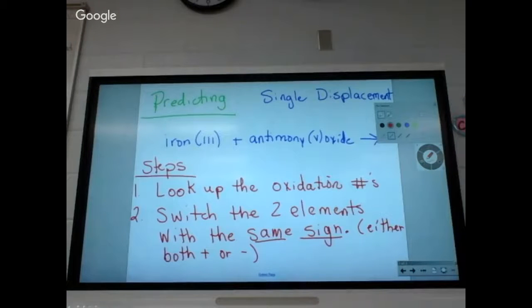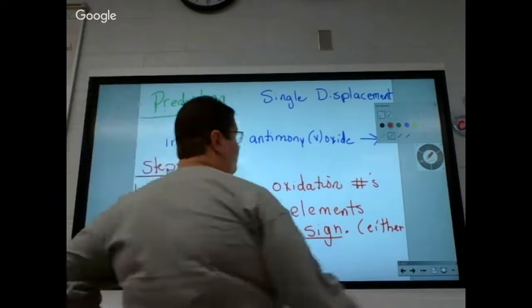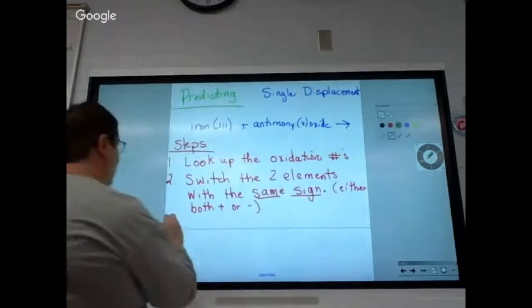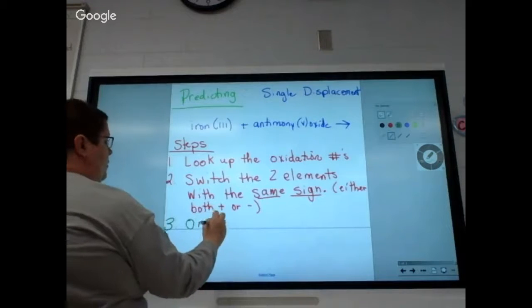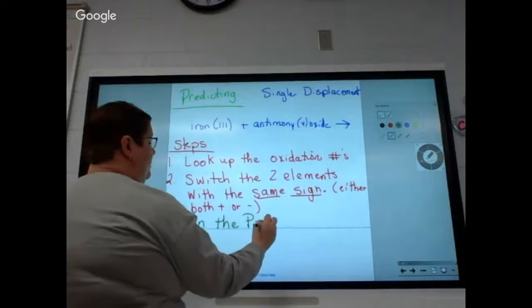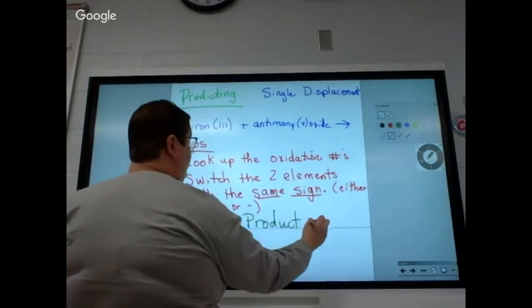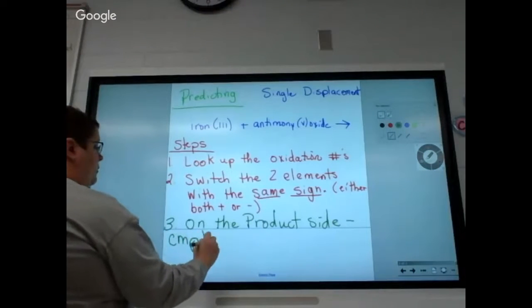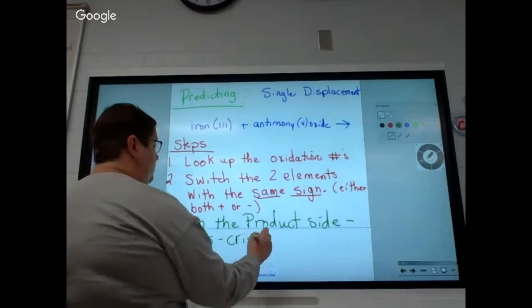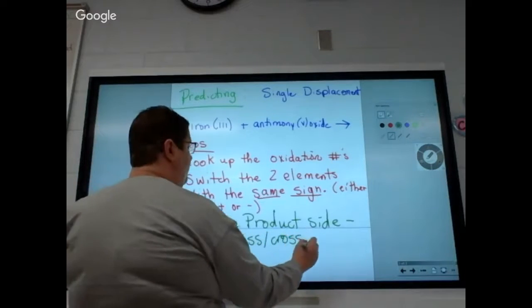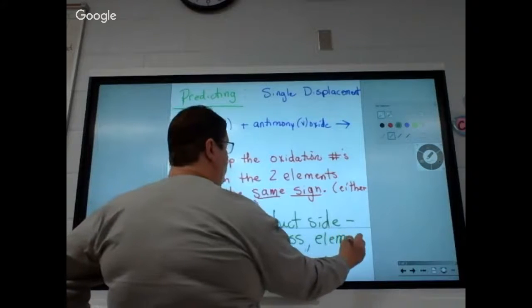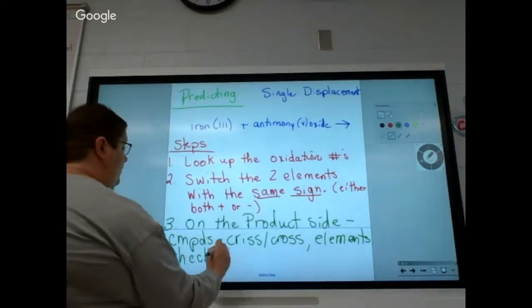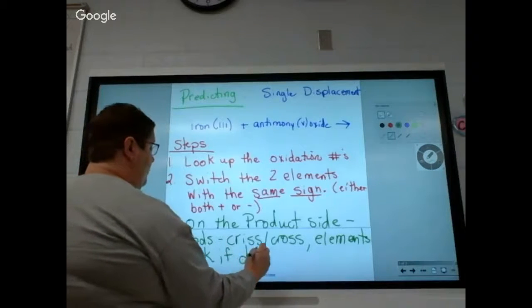All right. Now, once you've done the switching, on the product side, compounds crisscross, elements check if diatomic.